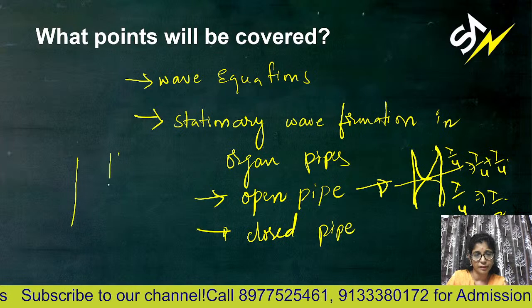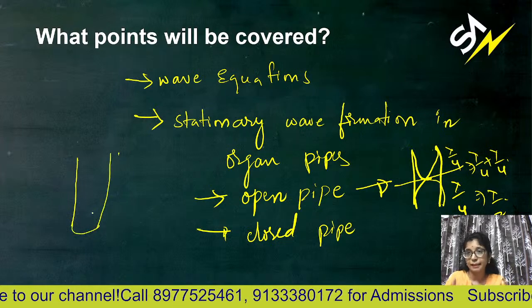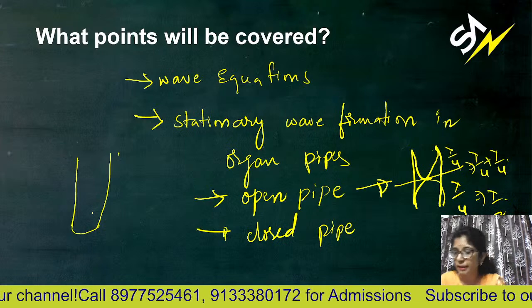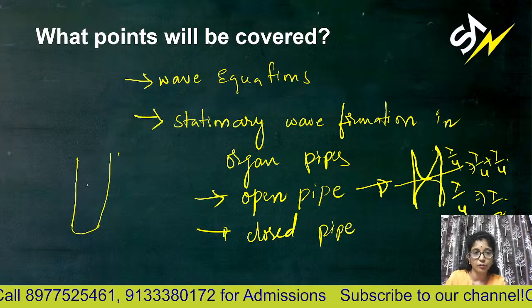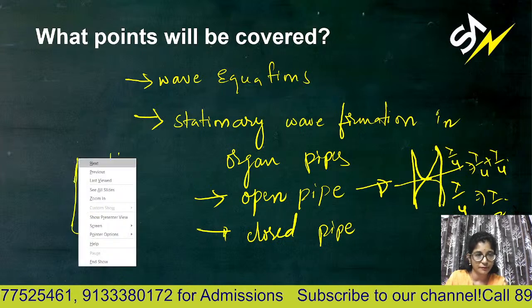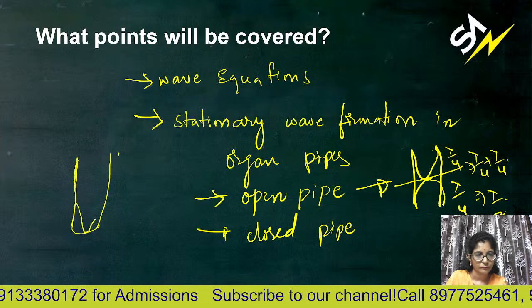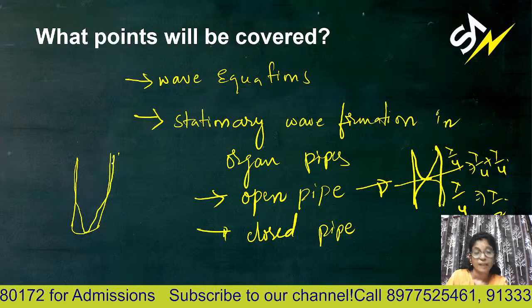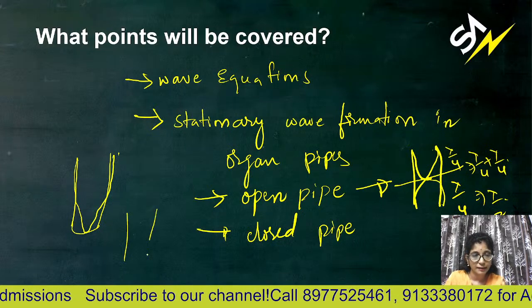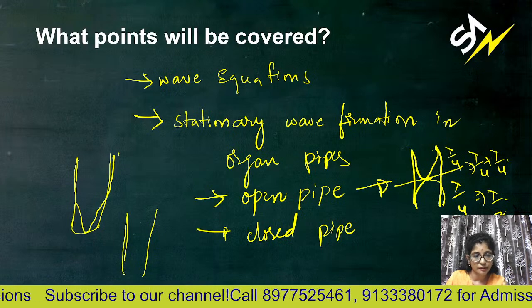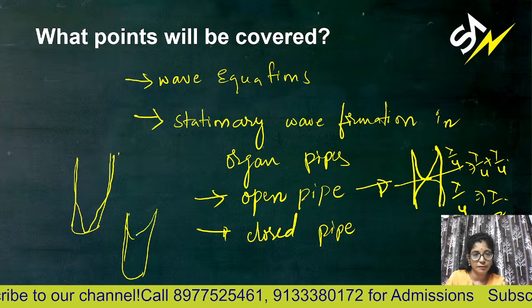As I told you, the closed pipe has one side open and another side closed. So antinode at the open end and node at the bottom, like this. This is the primary, fundamental formation, and the next one you can draw like this. Always antinodes here.